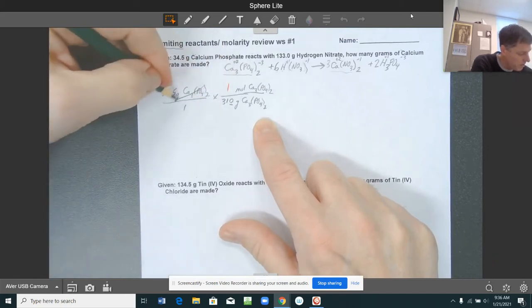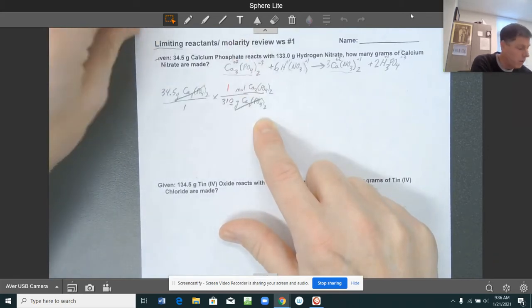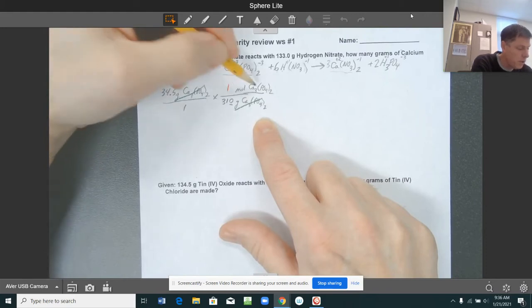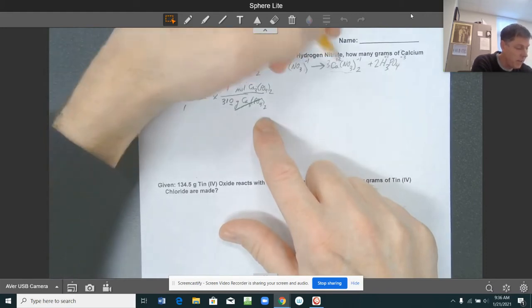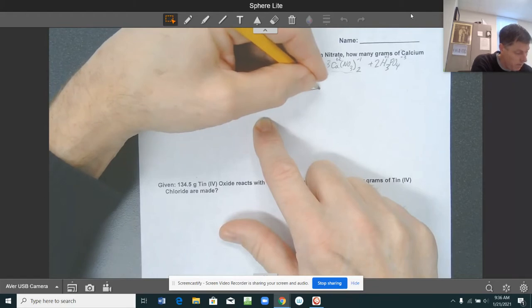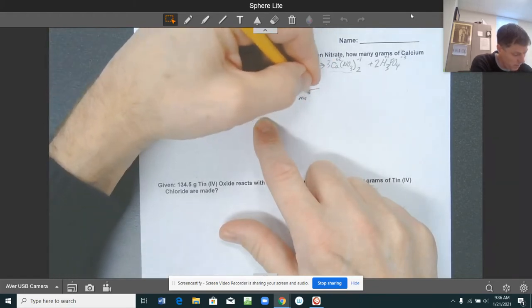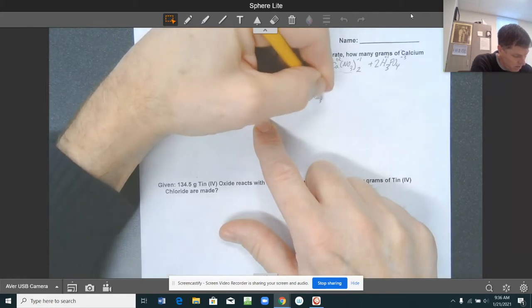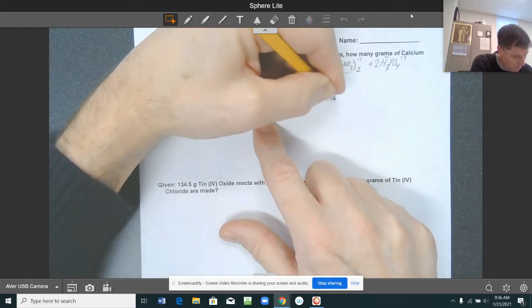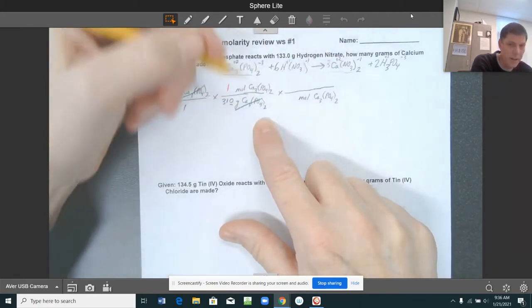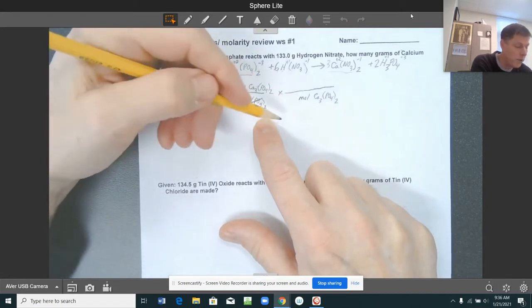Dimensional analysis is how we're going to get rid of things we don't want. I'm in moles of calcium phosphate. I'm here, and I want to get to this. I need to get rid of this, using dimensional analysis. The only thing I can do to change substance is a mole-to-mole ratio.